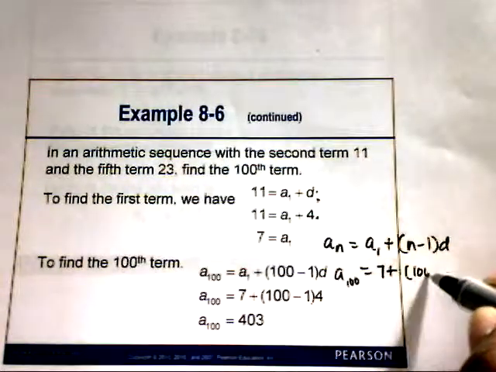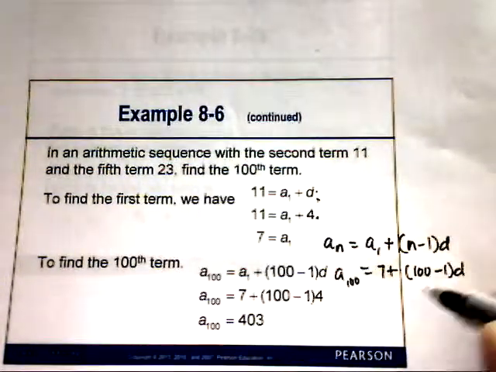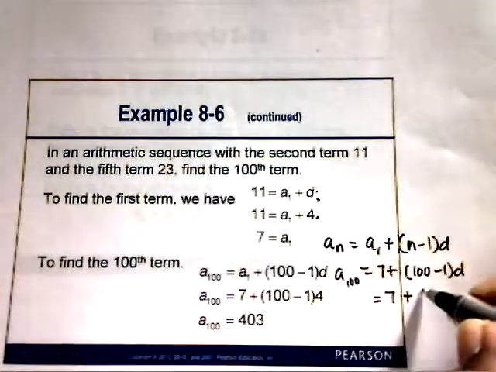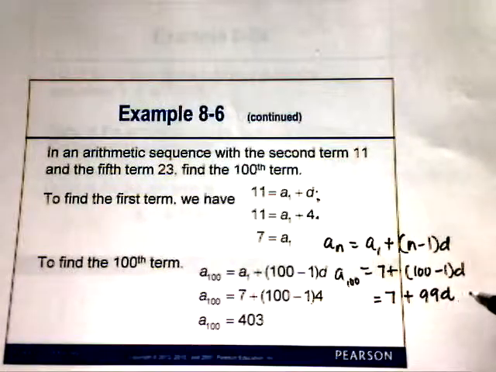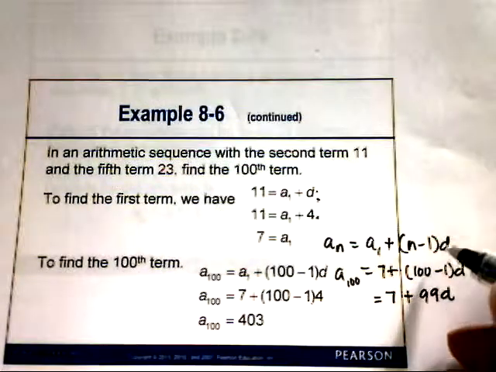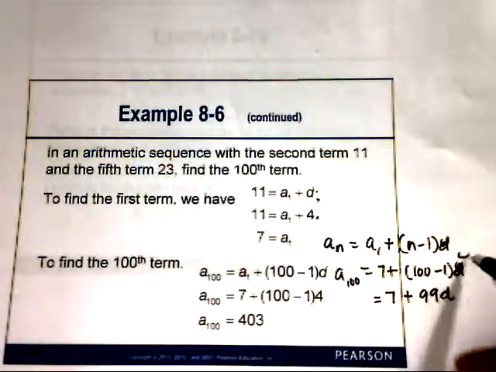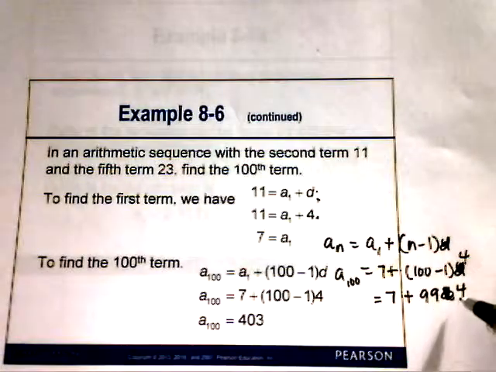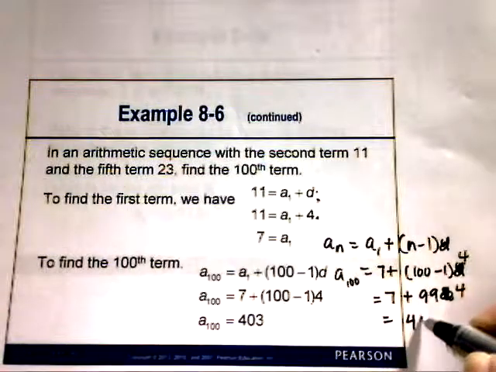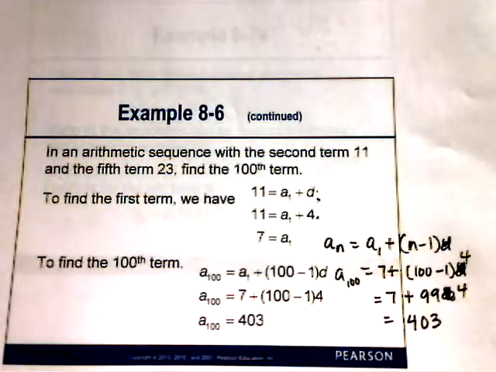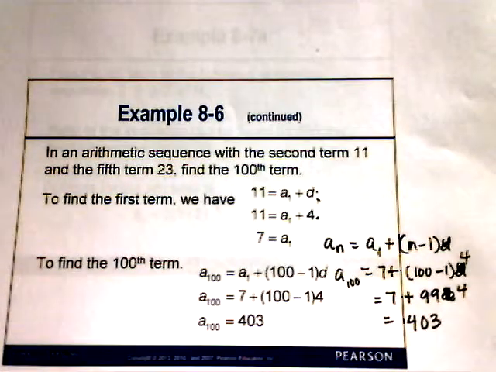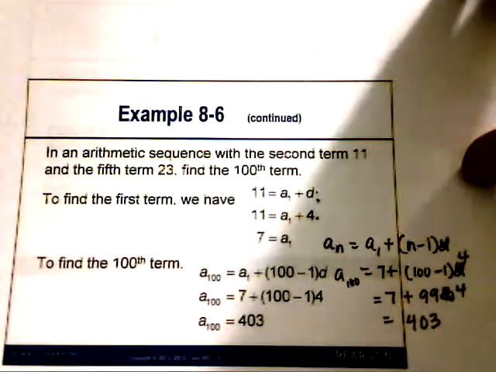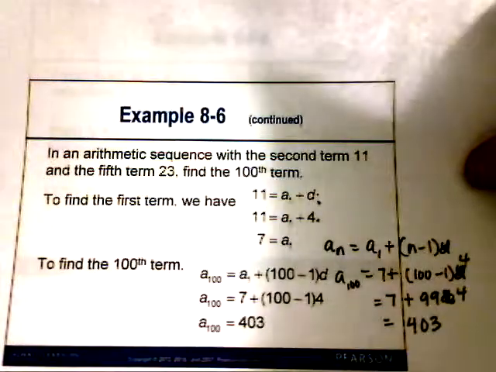And n is 100, so that's 100 minus 1 times d. 100 minus 1, that's 99, and actually d was 4. So this is 99 times 4 plus 7, which will get you 403, which is what they have here. So the 100th term of that arithmetic sequence will be 403.